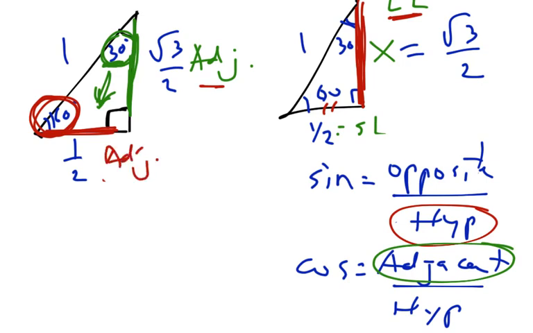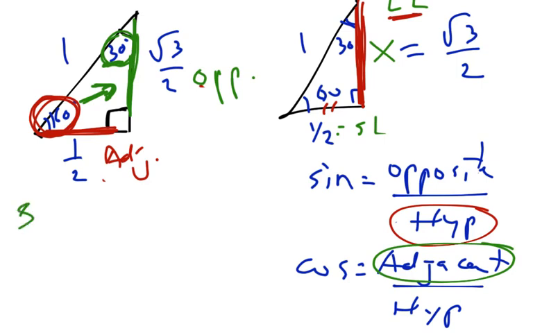Now across from my angle is the opposite side, so this is my opposite side. The opposite and adjacent depend on your angle.